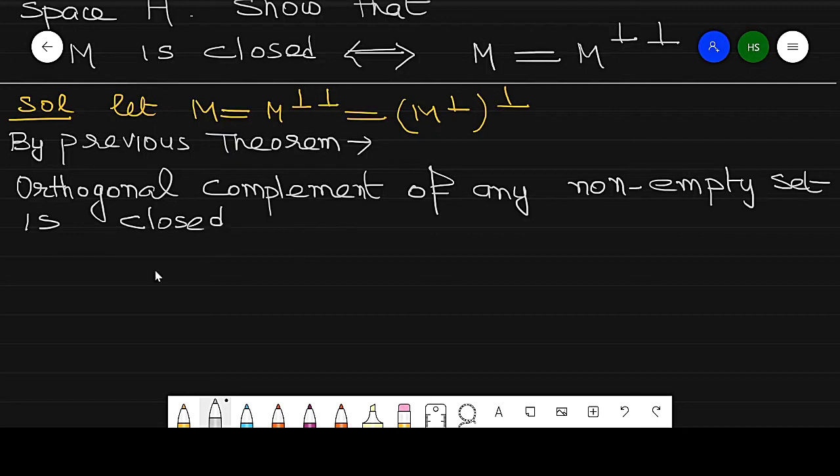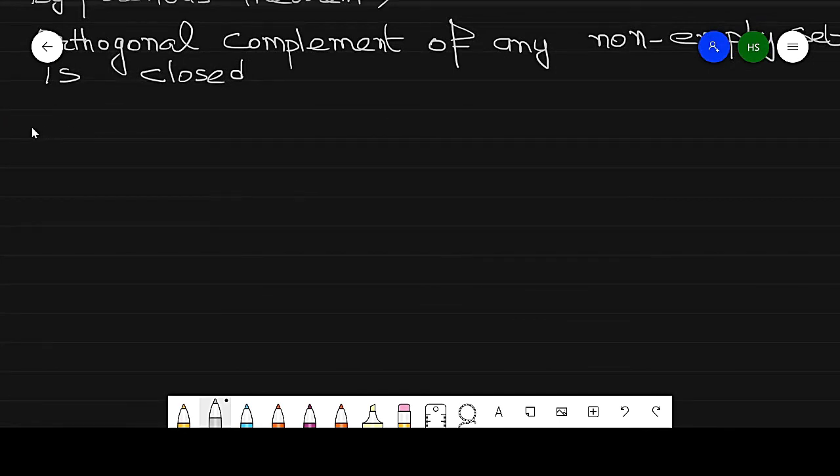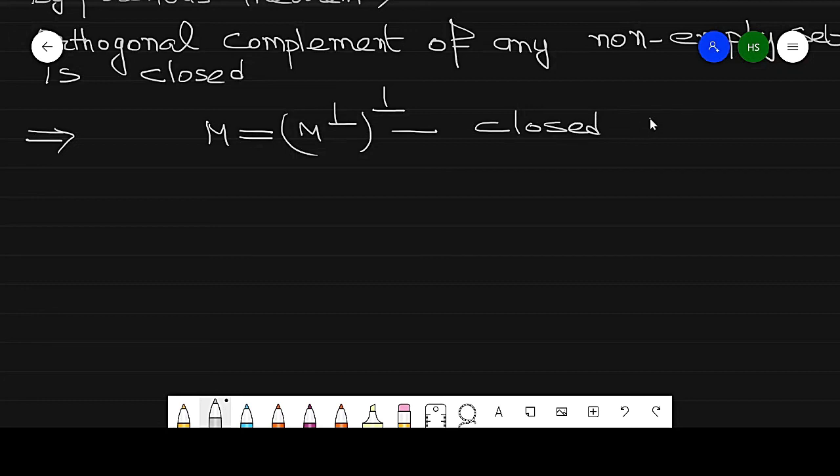So by using that concept, it implies M, which is the orthogonal complement of this set, is a closed set. So this is the proof of the first part, that M is closed.